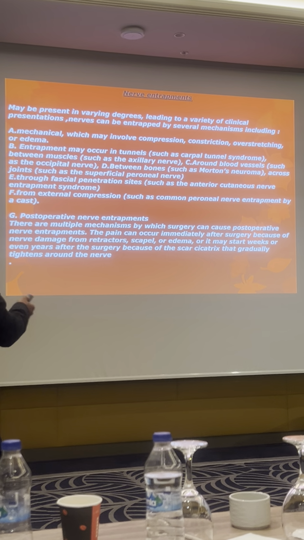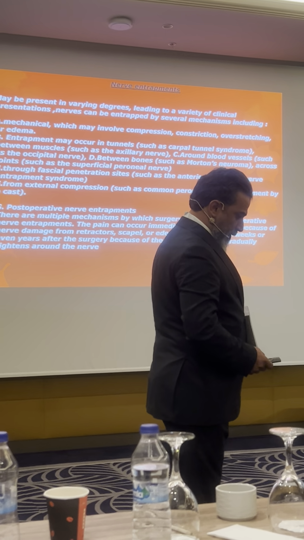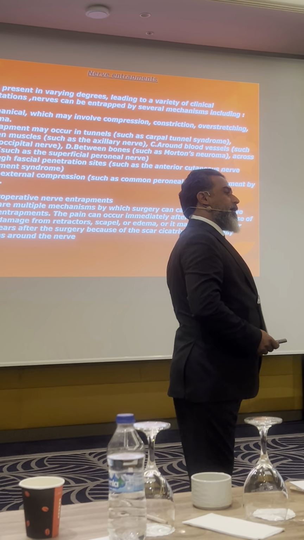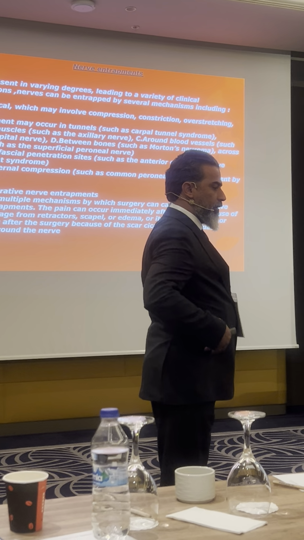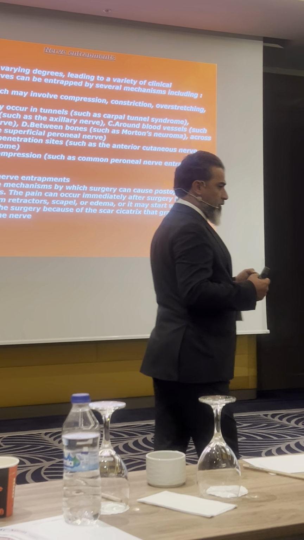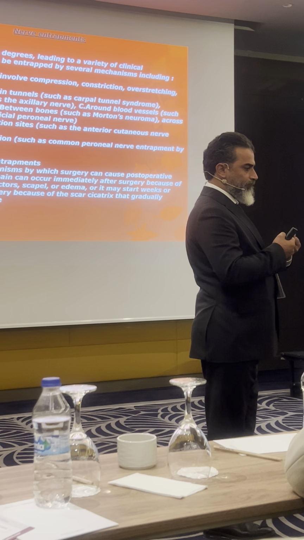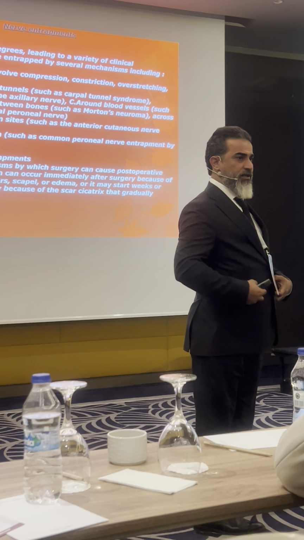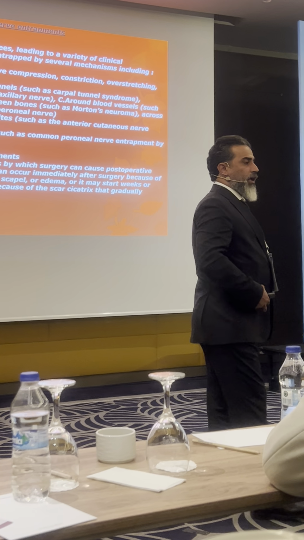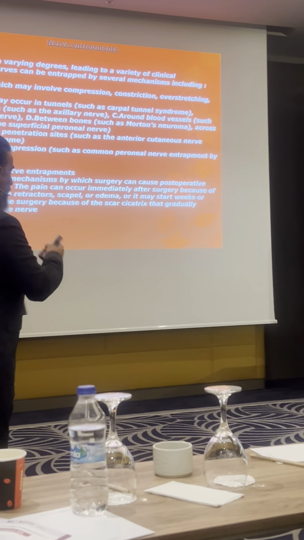There are also anatomical causes, for example in pregnancy. Some pregnant ladies come with lower abdominal pain because of stretching of the abdominal muscles and subcutaneous tissue, and then stretching of the anterior cutaneous nerves of the abdomen. This is anterior cutaneous nerve syndrome after pregnancy, one of the causes.